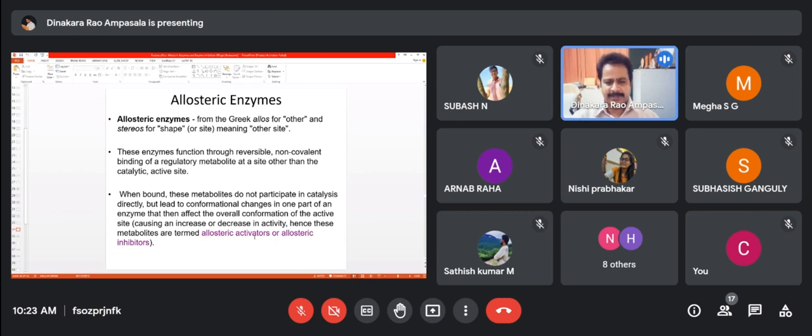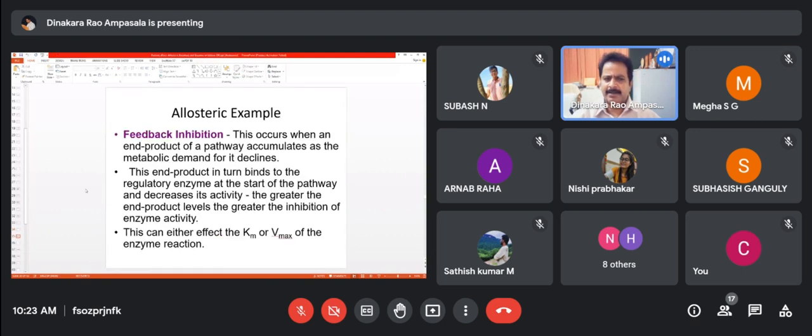This activation we can call allosteric activators. If this interaction leads to a decrease in activity, we call it allosteric inhibitors. So these allosteric sites are not active sites, they are other sites.